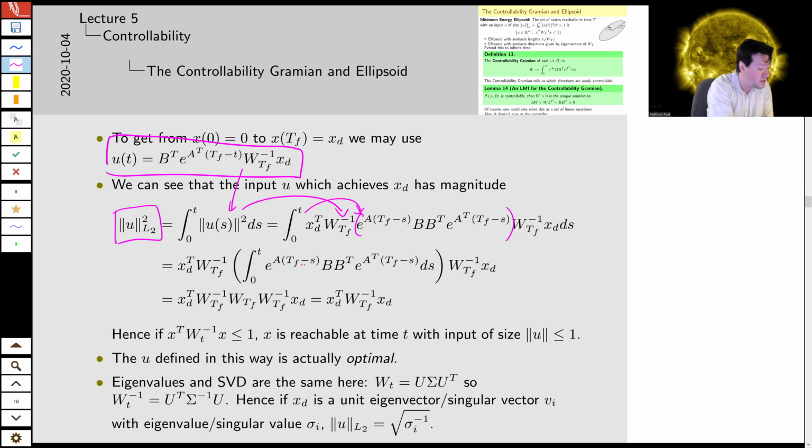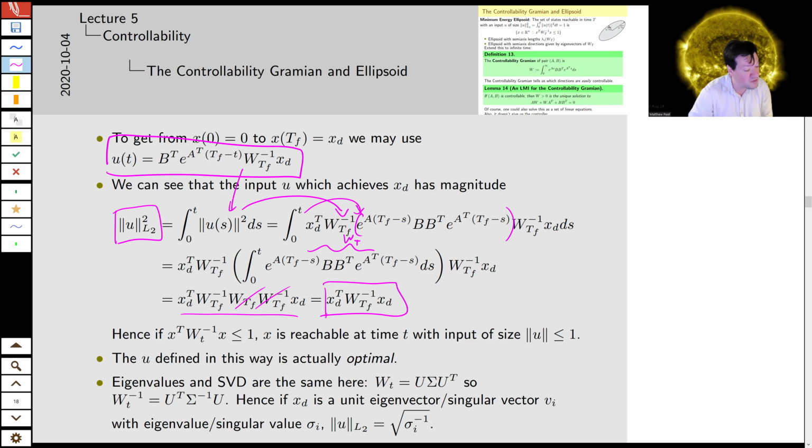So we get this integral inside that square, and of course this is just the controllability Grammian itself, and so we get this expression here. The w's cancel here, and this is the size of the input that drives us to state x of d.